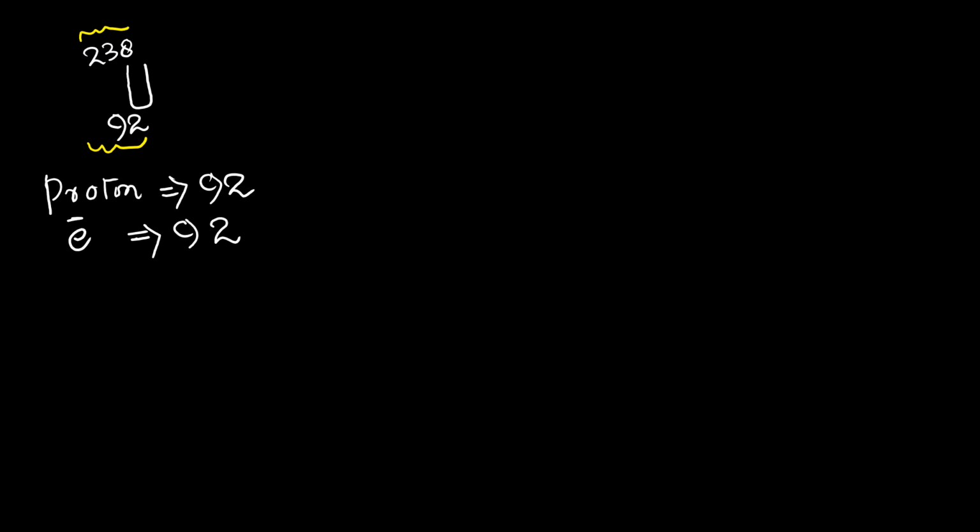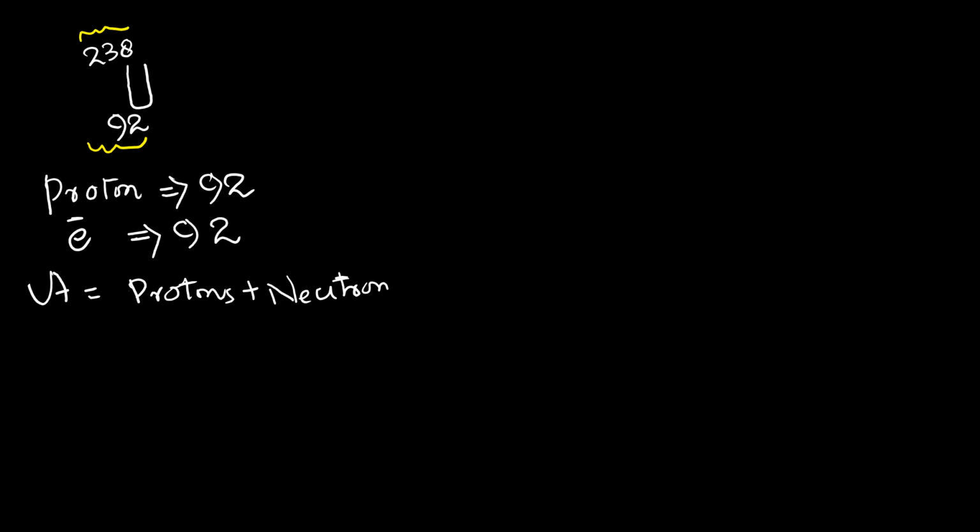The atomic mass is the number of protons plus neutrons, so we subtract 92 from 238.